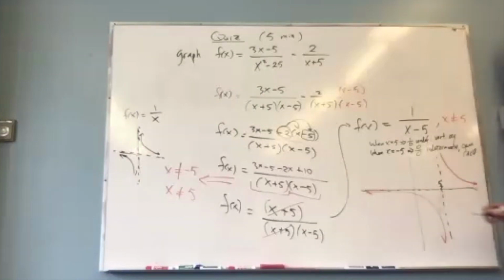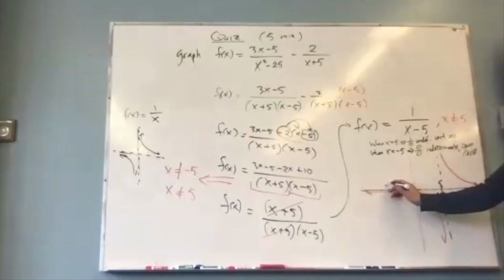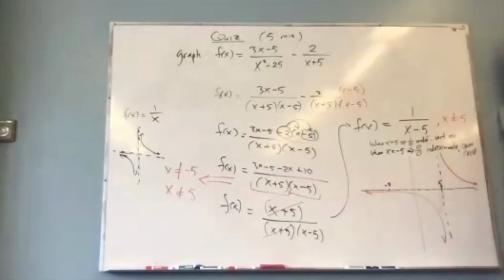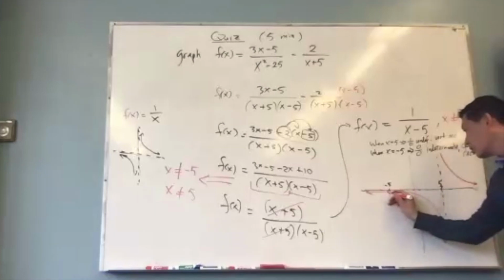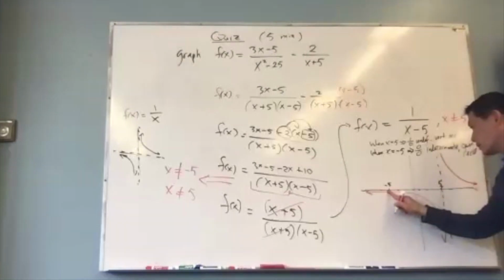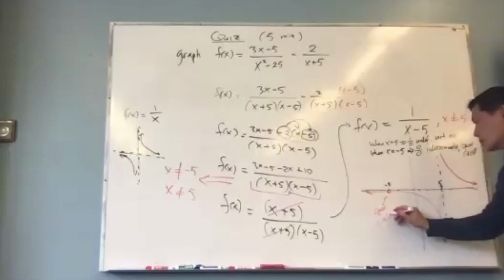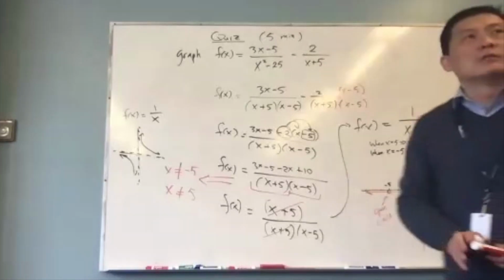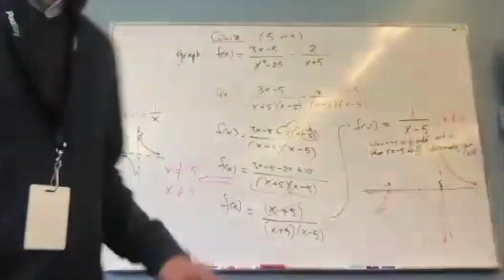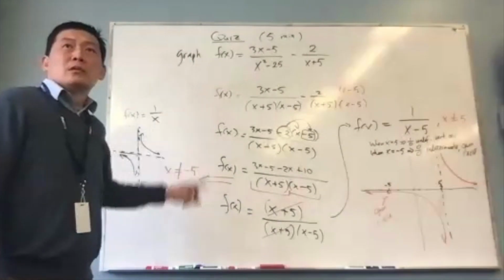So at x equal to negative 5, right here, I will put an open circle on the graph. Right here. And here you go. That is the solution for this problem.